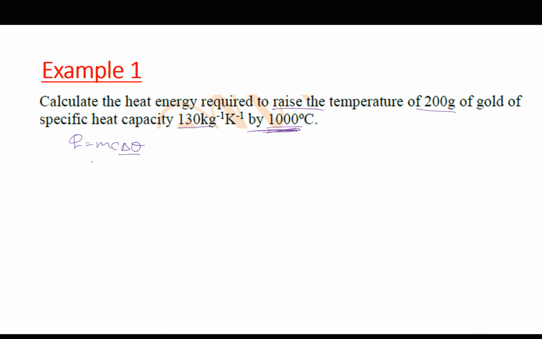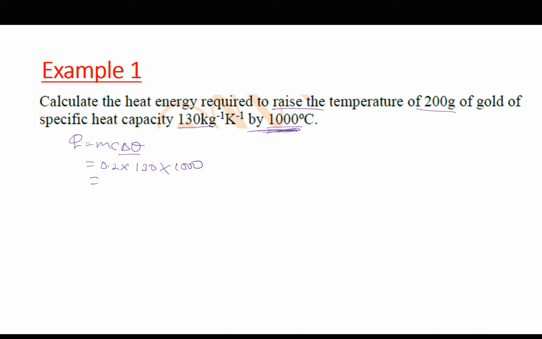So the amount of heat will be the mass, which is 0.2, times specific heat capacity, 130, times 1000. Pressing the calculator, 0.2 times 130 times 1000, this gives me 2.6 times 10 power 4 joules. As simple as that.